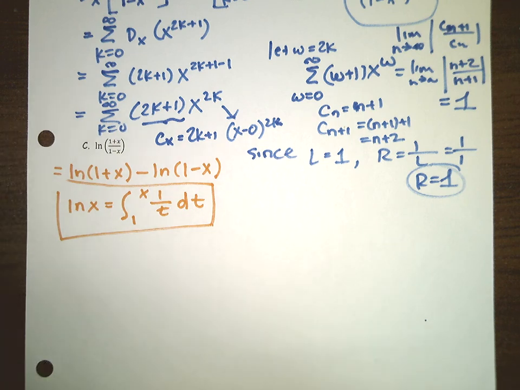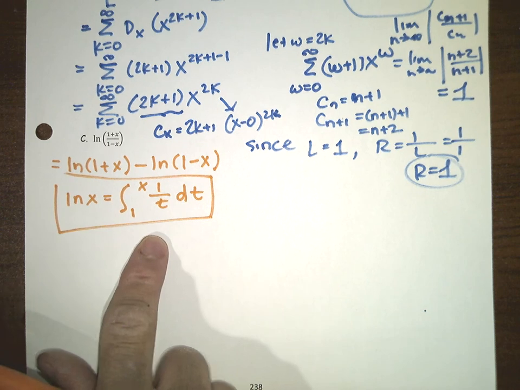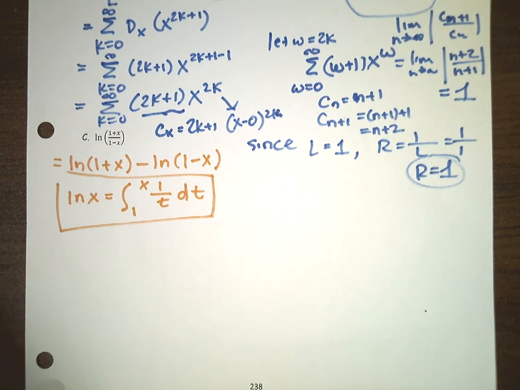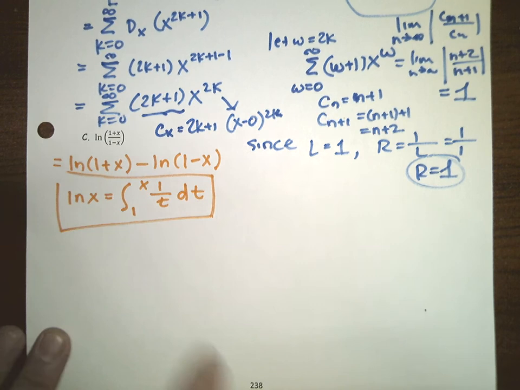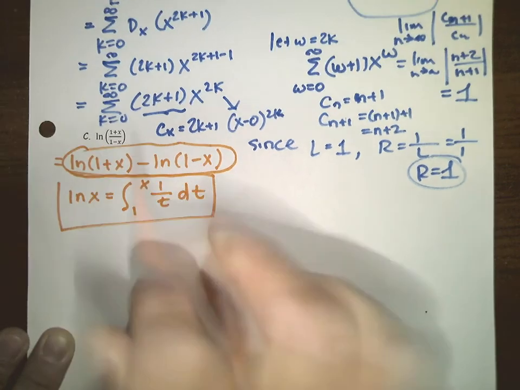So now, let's go ahead and look at how this might look like one of the series that we already know. Well, in all honesty, this doesn't even look like one of the series I already know. However, the good news is that I can rewrite this right here using the definition.